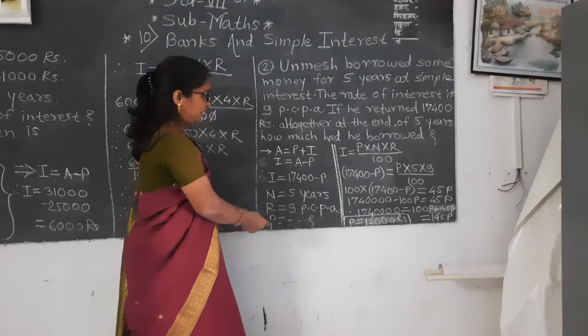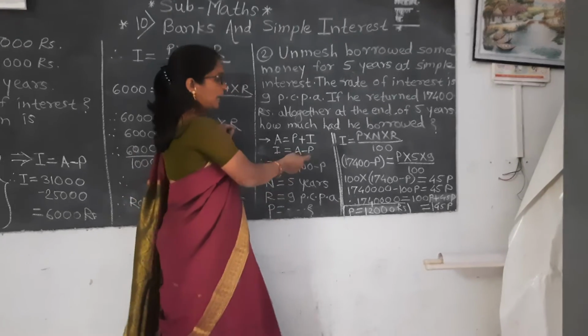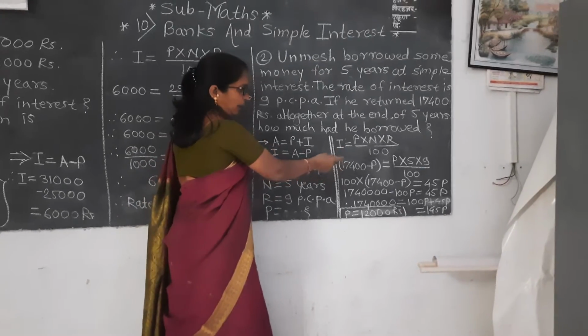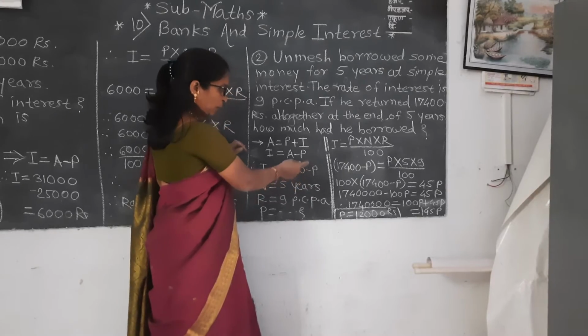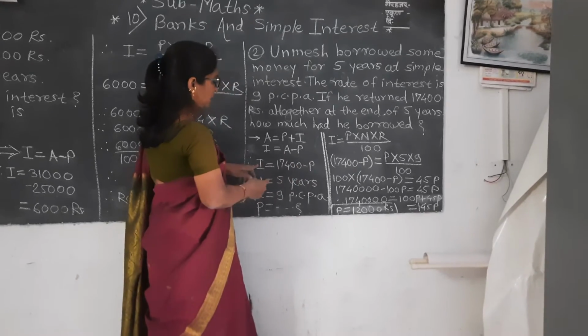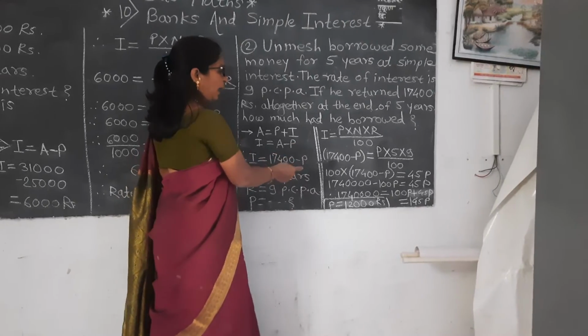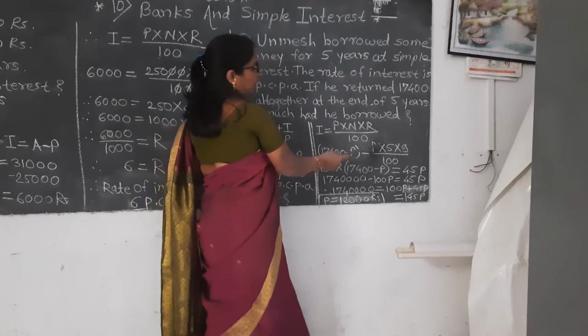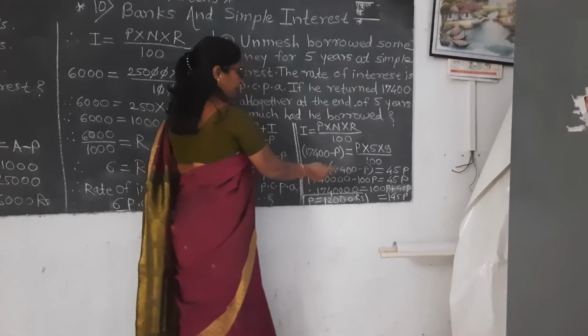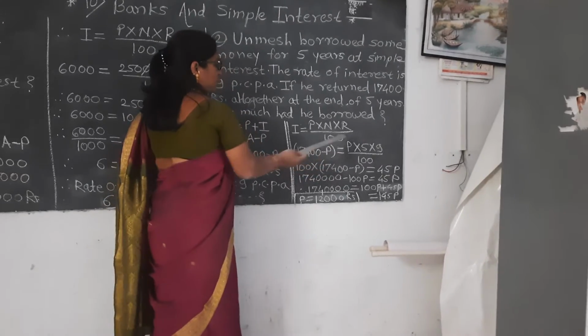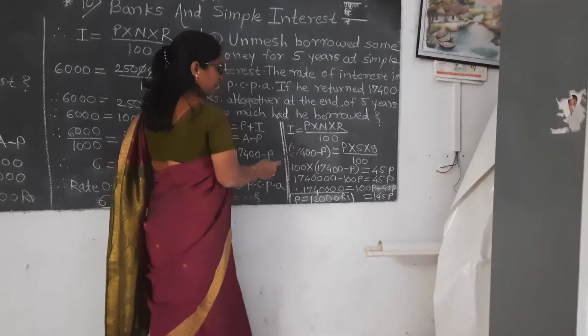That means principal is what? We know formula I is equal to P into N into R upon 100. We have calculated I in this manner, 17,400 minus P. Substitute this value for I into P into 5 into 9 upon 100. We have to cross multiply 100 by this term.